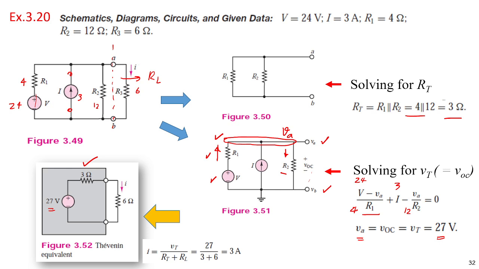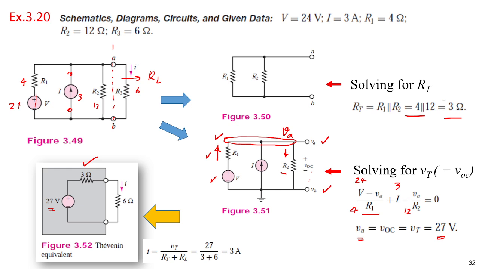How to find the equivalent circuit is to solve for RT and VT. VT is V open circuit, just the voltage at the connecting point, and the resistance without any source.